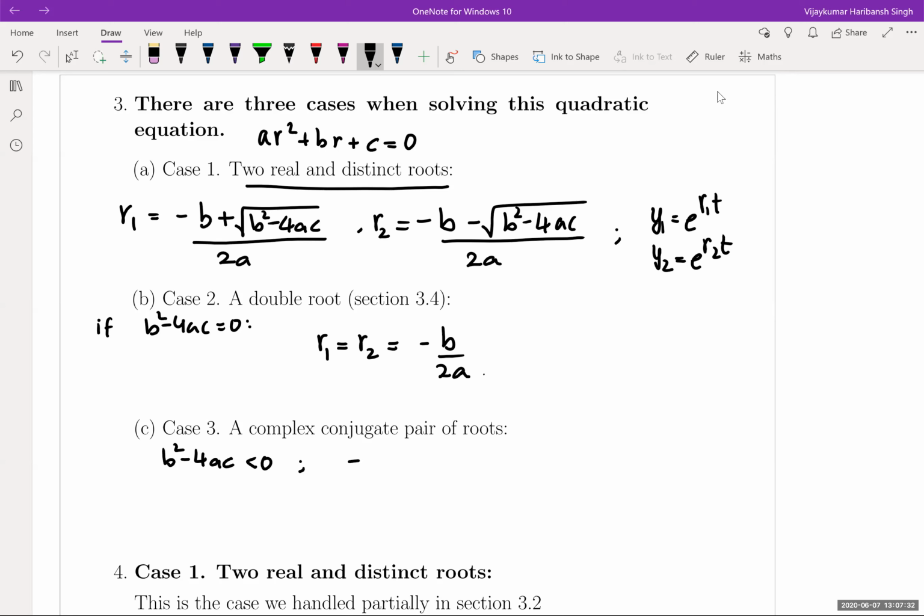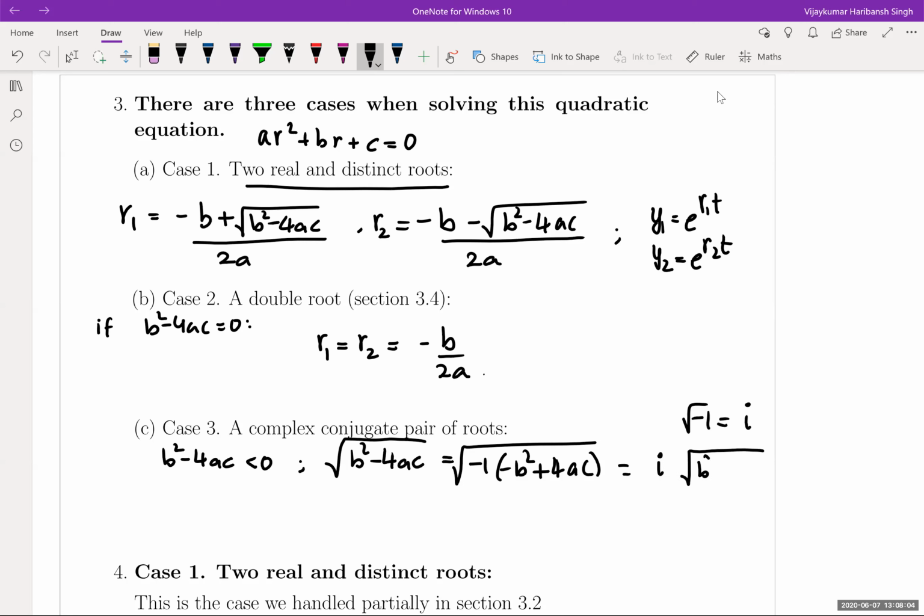So I can write square root of b squared minus 4ac as square root of minus 1 times the quantity 4ac minus b squared. The square root of minus 1 is i, so you get i times square root of 4ac minus b squared.